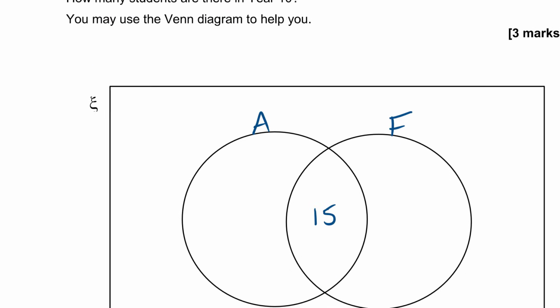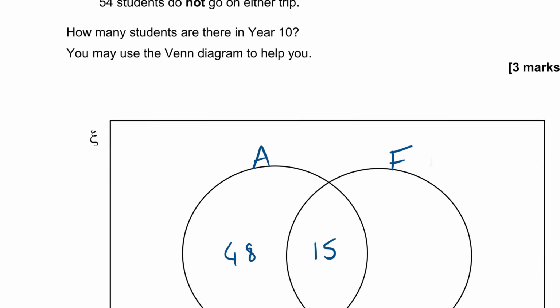So if 63 people altogether inside that A set, and I know that 15 are going to both, then 63 subtract 15 must just be going to Austria by itself. And 63 take away 15, 63, 53, 48. I'm going to have 48 students going just to Austria only. So then my 48 and 15 add up to 63.